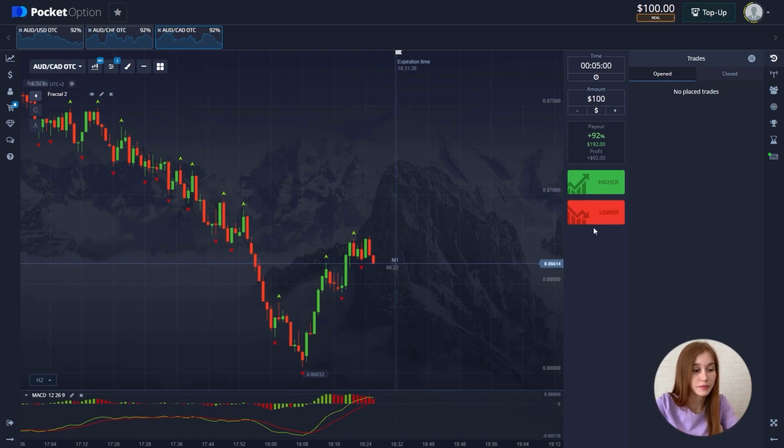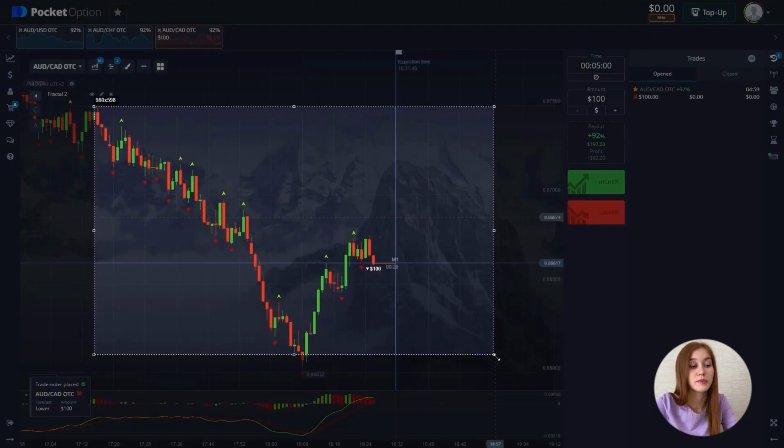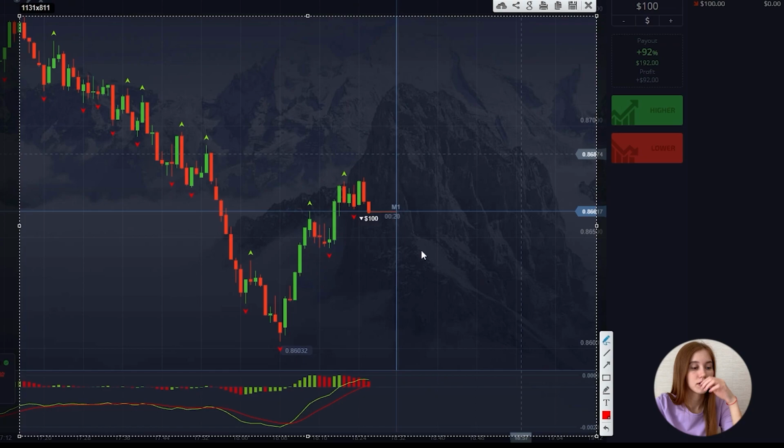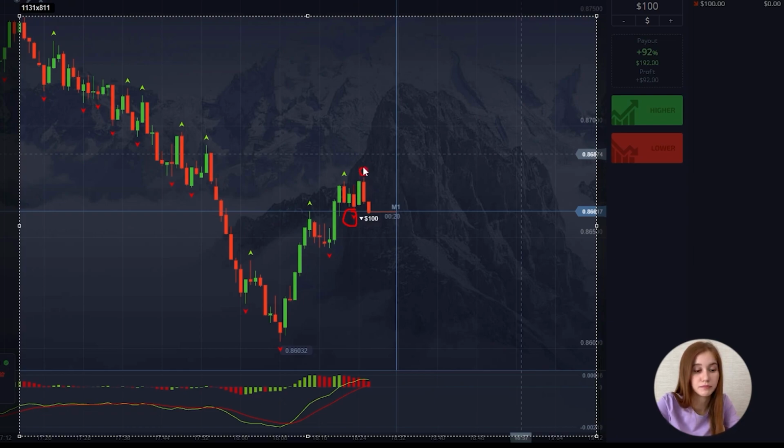As we see, the fractal was updated down. The last one before opening the deal, but we see that we have already passed 2 candles. A high candle has appeared here. If another candle appears below, here we'll update the fractal up.